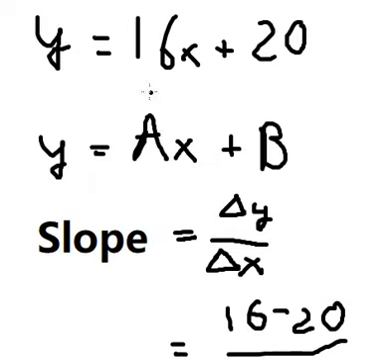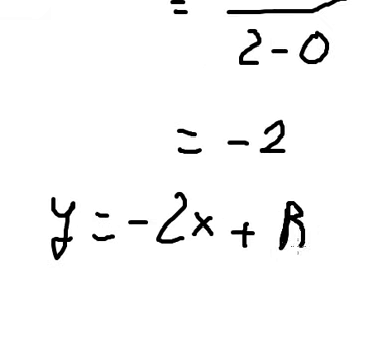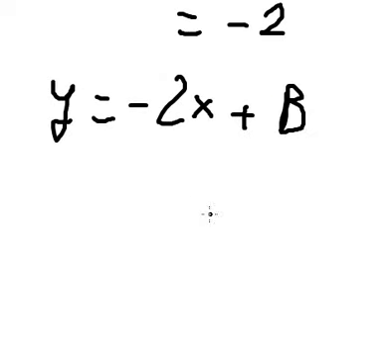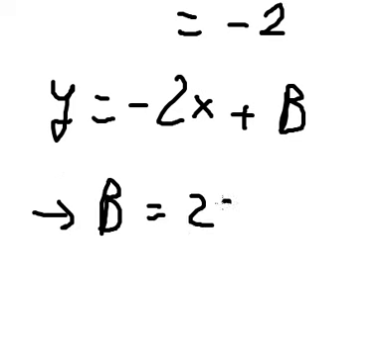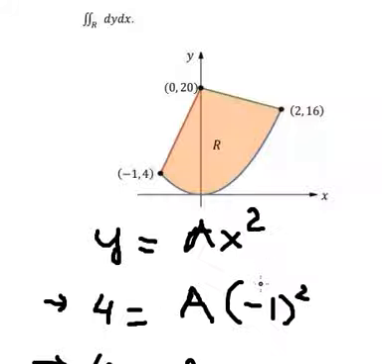So capital A equals negative 2. So I will choose the point 0, 20. That means we put 0 in here, b equals 20. So the green line is y equals negative 2x plus 20. And now we put all the formulas in here.